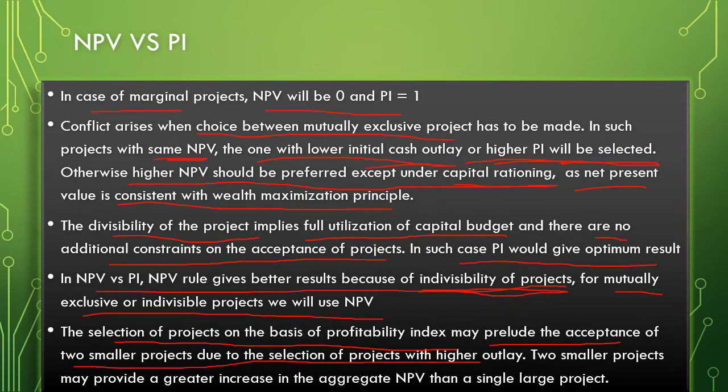Two smaller projects may provide a greater increase in the aggregate NPV than a single large project. In the case of profitability index, we choose the project that has the higher PI, but this causes a problem, because two smaller projects may provide a greater increase in aggregate NPV than a single large project. So this is one of the drawbacks of the profitability index method.